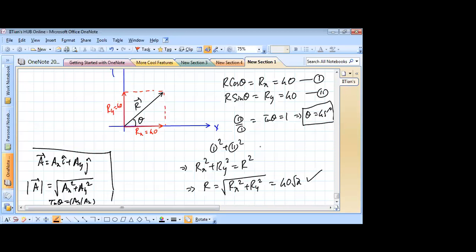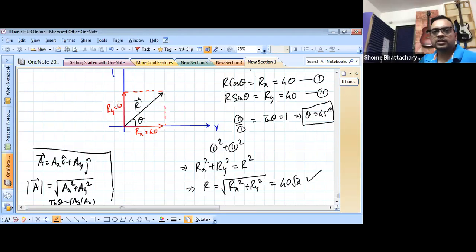Just as over here, tan theta was Ry by Rx. Alright, people, so hope you've understood this. Very good. So most of you got this correct also. Okay. So this is where we will conclude today's lecture.